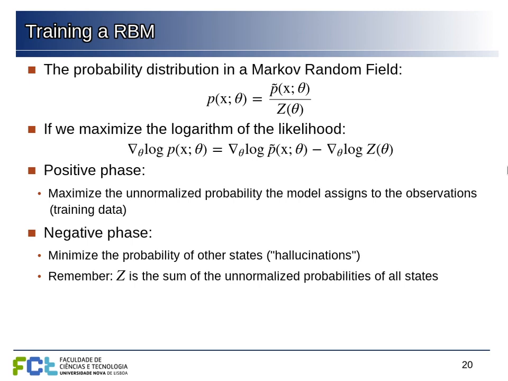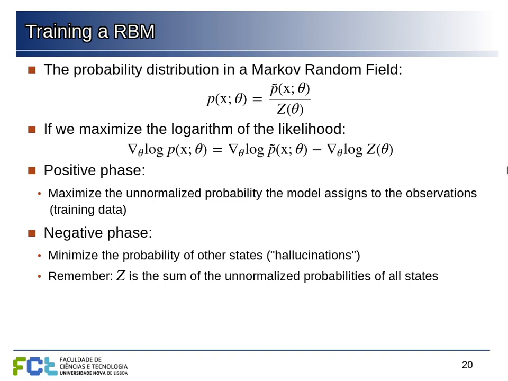We can look at the gradients here. So this would be going up the gradient on the logarithm of the unnormalized probability distribution and going down the gradient on the logarithm of the partition function. We can imagine that we are trying to maximize the probability of the data that we have while minimizing the unnormalized probability that the model is assigning to everything else.